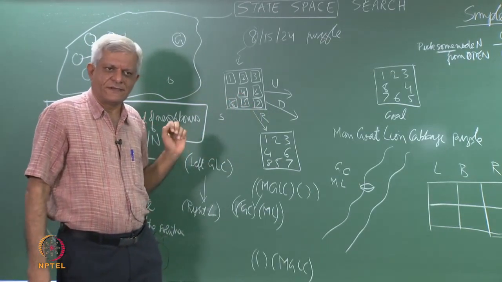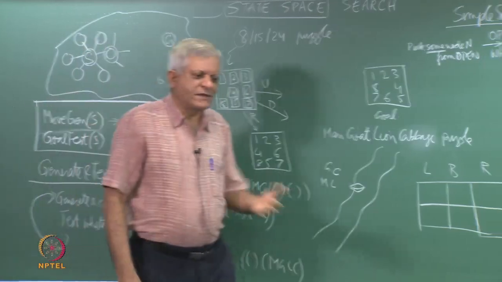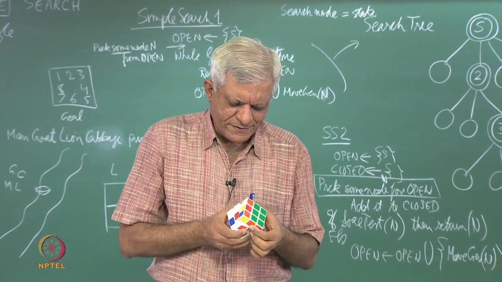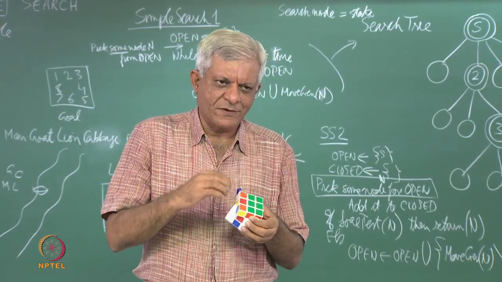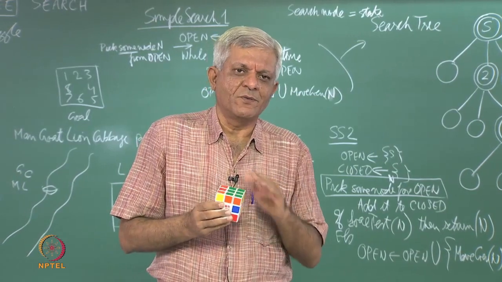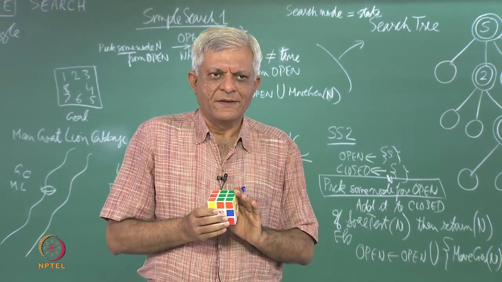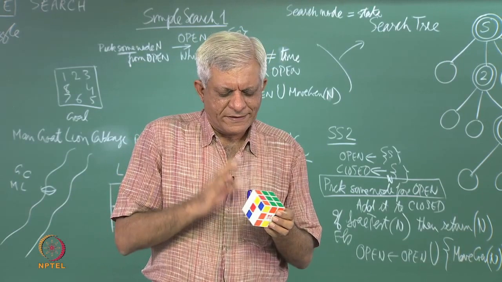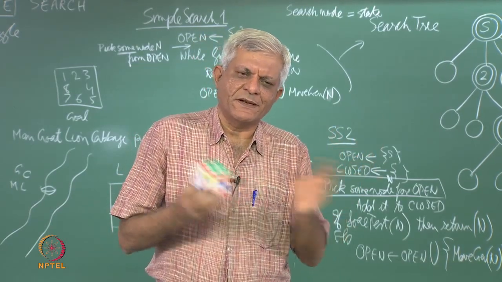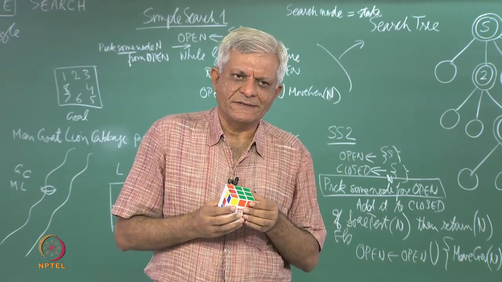They are in disjoint states, you can never get them back. Likewise, the Rubik's cube. So, this is a trick which some people know. You can take it out, take out this thing and reassemble the whole cube essentially. But the thing is, you can reassemble the cube back in 12 different ways. So, it is possible that this particular set of states contains my goal state, but another set of states does not contain the goal state.